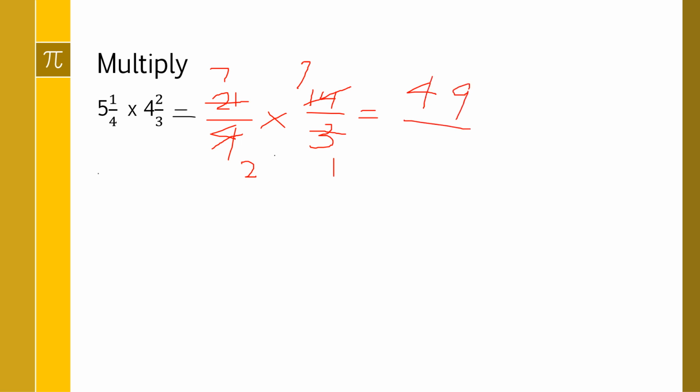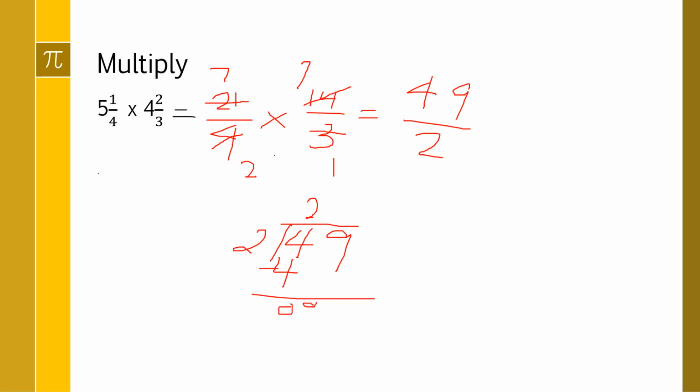Then 49 over 2. Since we have an improper fraction, remember that we need to transform your answer into simplest form. So we divide 49 by 2. 4 divided by 2 is 2. 2 times 2 is 4, so 4 minus 4 is 0.